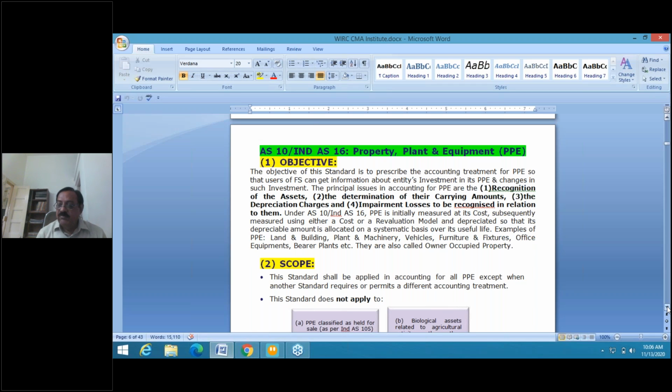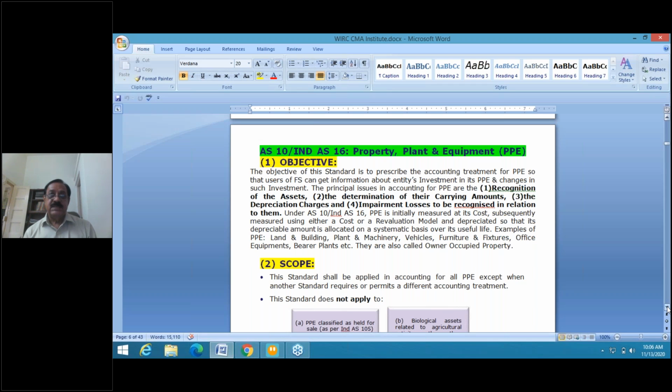Now, friend, every AS you will go through, it is divided in 6 parts by the institute. The 6 parts are largely: first, objective; second is scope; third is some important definitions; fourth is recognition criteria, that is, when the asset should be recognized in books of accounts.